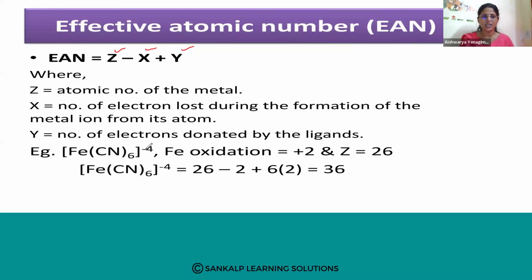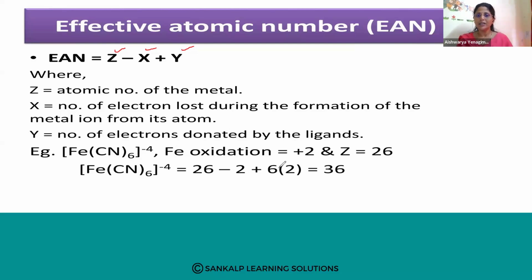You can see Fe(CN)6 4-. If you want to calculate the EAN of this: the Fe oxidation state is +2. What is Z? It is the atomic number. What is the atomic number of Fe? 26. Let's calculate. 26 minus oxidation state 2, plus the number of electrons donated by the ligands. 2 electrons per ligand.